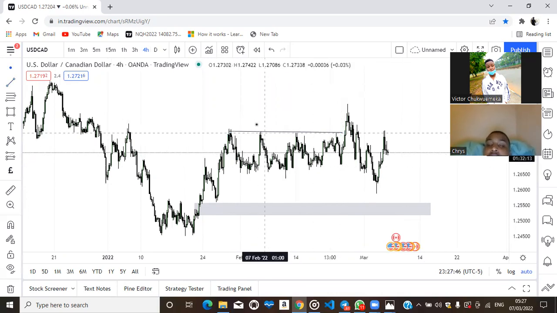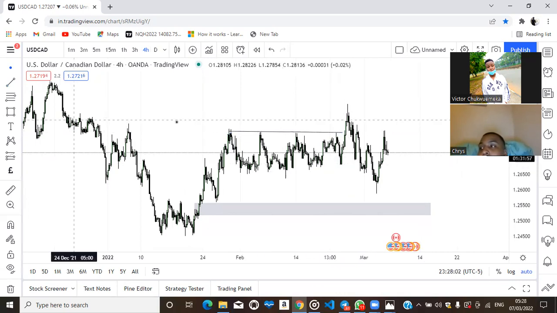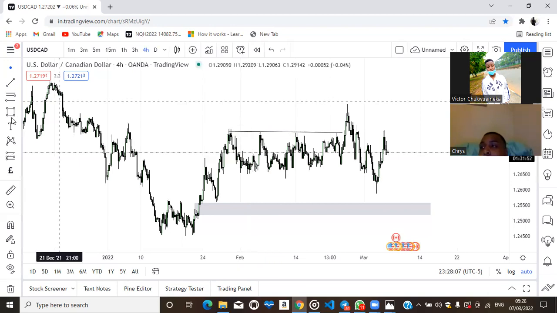This is something like the trend line liquidity that I was telling you about. Retail traders would think this is a resistance level, so let's take a sell. It kept trapping them. They tried to take a sell here, and boom, it took their stop loss. And you see where price targeted this imbalance. This area is an imbalance too.